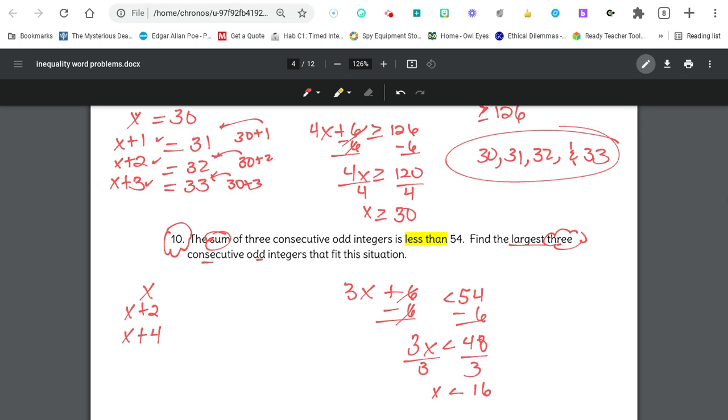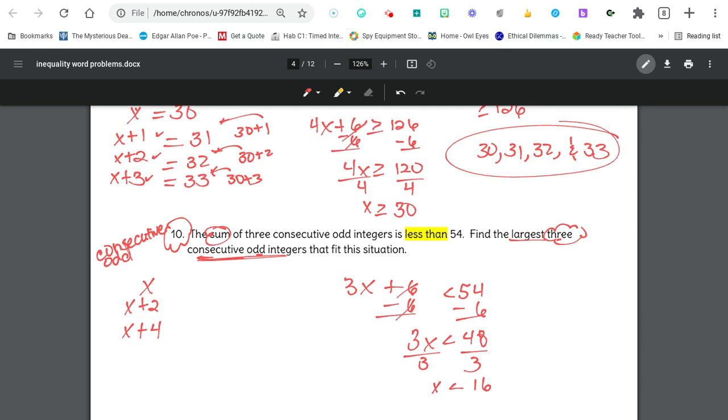Okay. Now, please, please, please pay attention. This says these are consecutive odd. Okay. It says they're consecutive odd, guys. So you got to think about numbers less than 16. What's going to be the largest odd number that's less than 16?